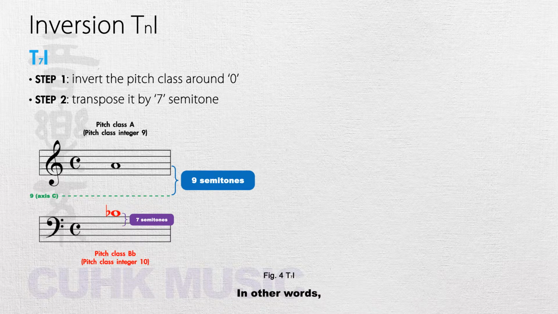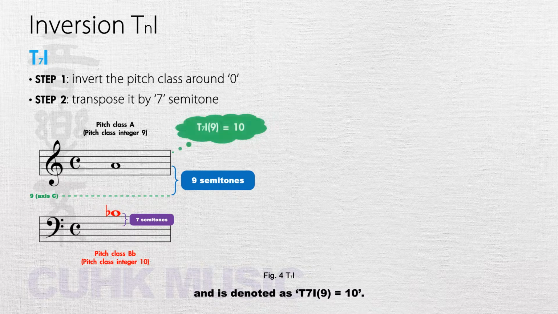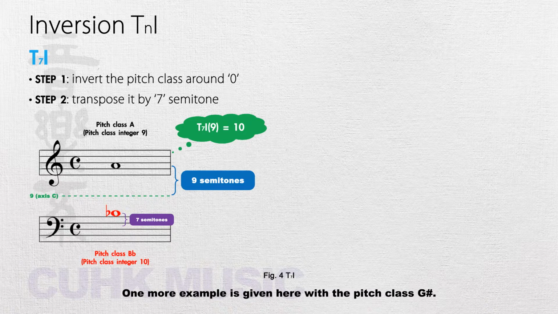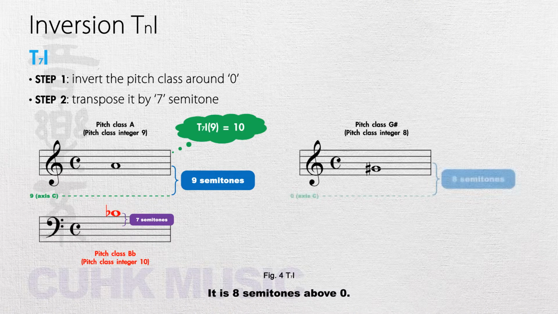In other words, the inversion of pitch class A through T7I gives the pitch class B flat and is denoted as T7I9 equals 10. One more example is given here with the pitch class G sharp. It is 8 semitones above 0.